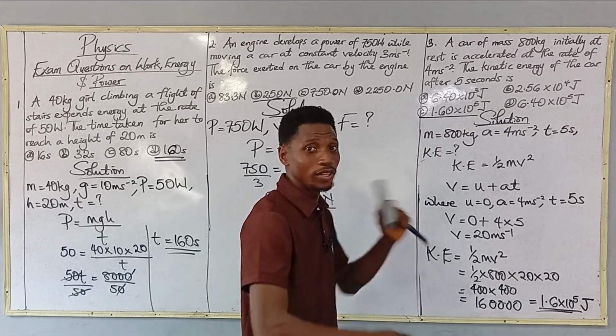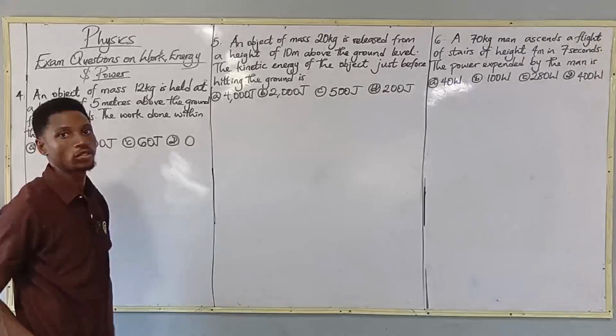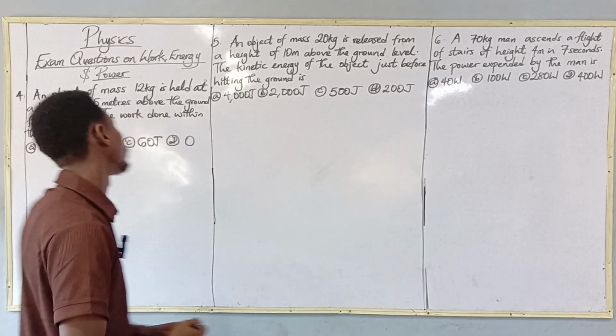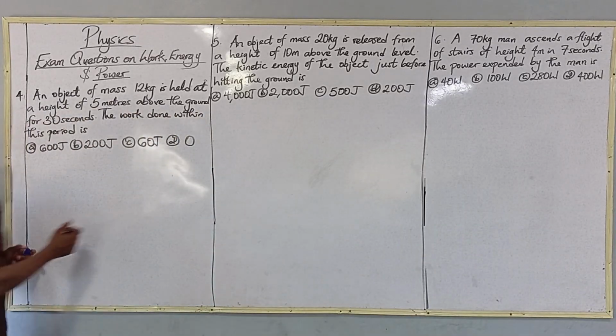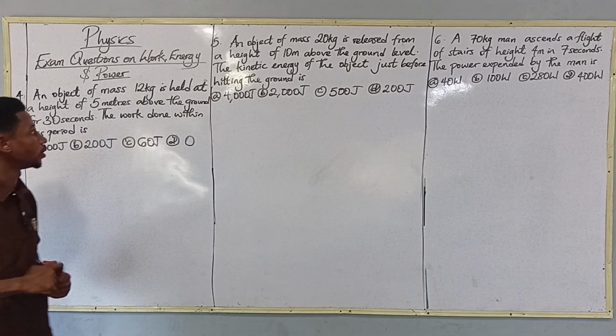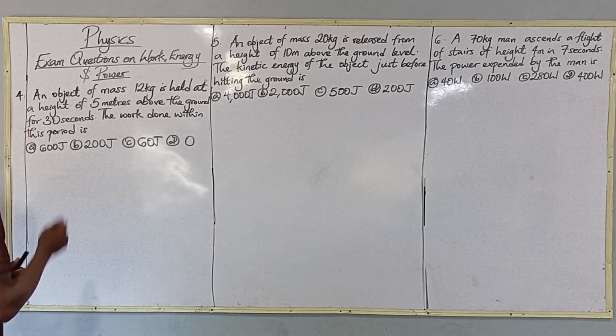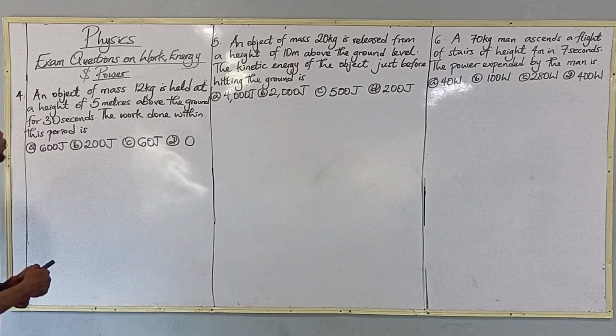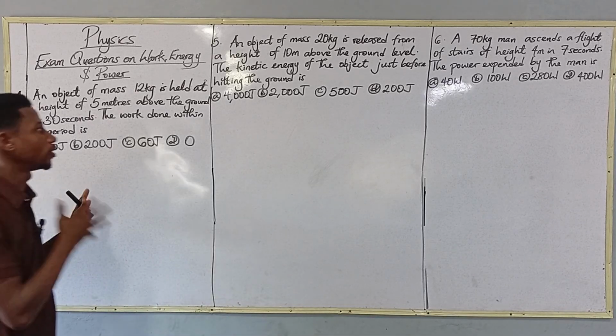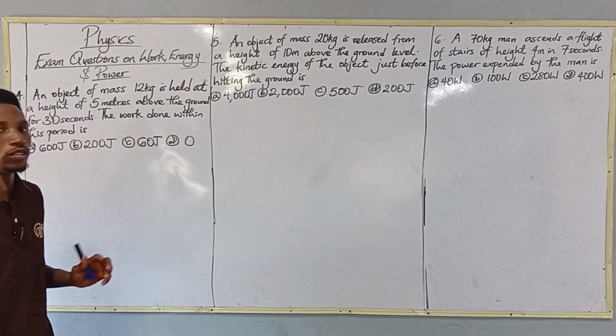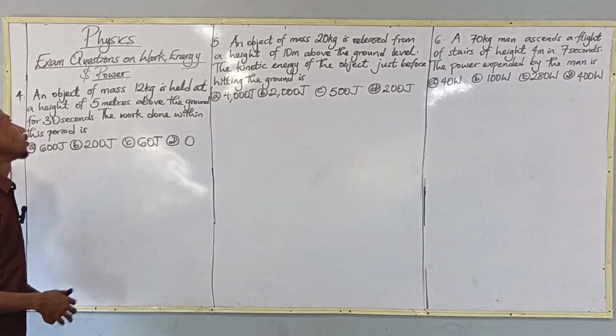So I'll clear the board. I'll go to another question. So here are the questions that follow. Number 4. An object of mass 12 kg is held at a height of 5 meters above the ground for 30 seconds. The question says we should find the work done within this period. Now, questions like this are used to test your knowledge of the topic.